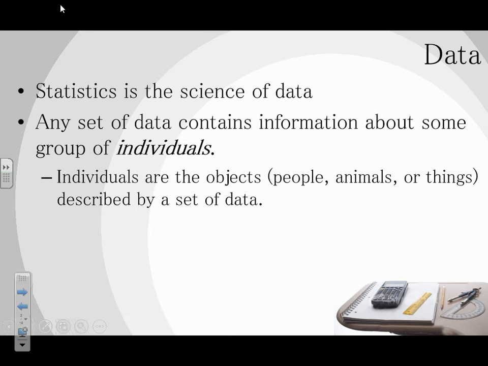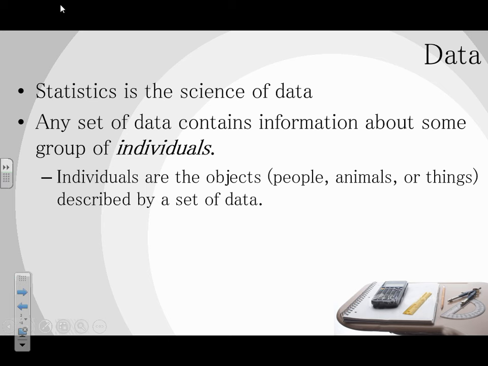So, first vocab word, individuals. So any set of data is going to contain information about a group of individuals. The individuals are the objects, and it can be people, it can be animals, it can be things that are described by the data set.